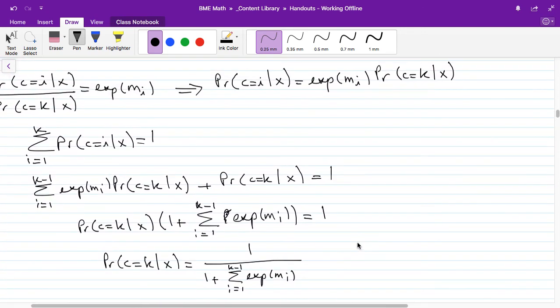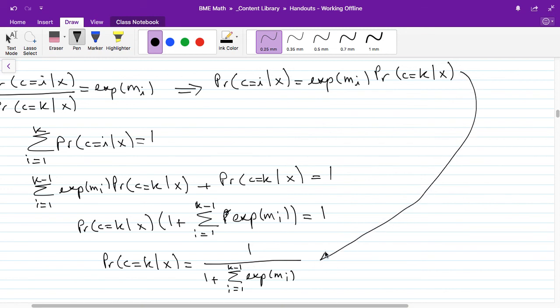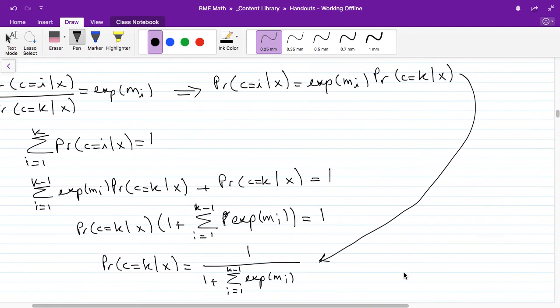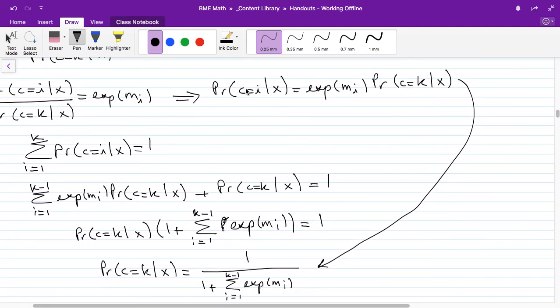So now I have this representation, and I want to now use this in this equation. So look, the probability of it being class i is an exponential times the probability of it being class k.